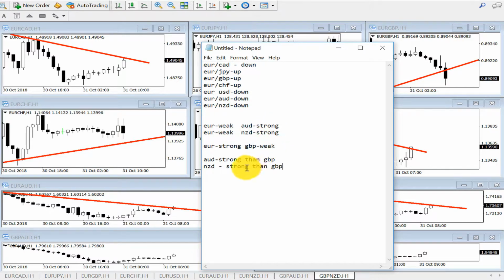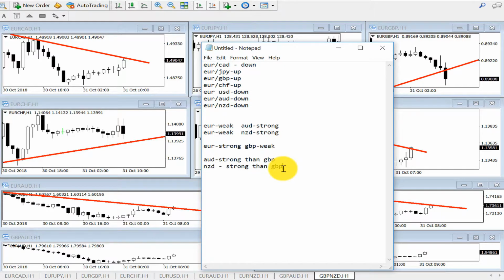So ultimately Australian dollar is stronger than GBP and again New Zealand dollar is stronger than GBP.